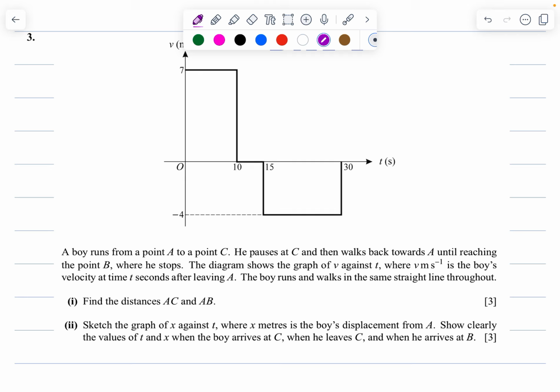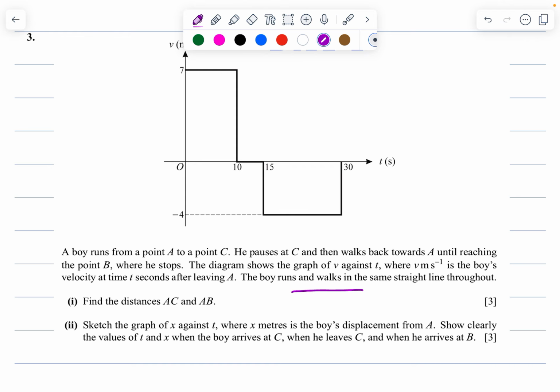The diagram shows a graph of v and t, where v meters per second is the boy's velocity at time t seconds after leaving A. The boy runs and walks in the same straight line throughout. Find the distances AC and AB. He is asking us to find the distance.